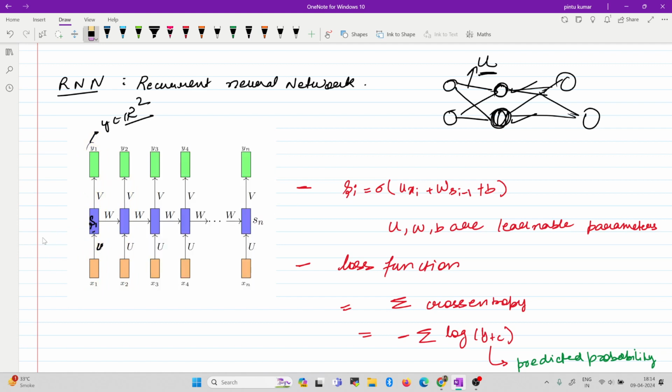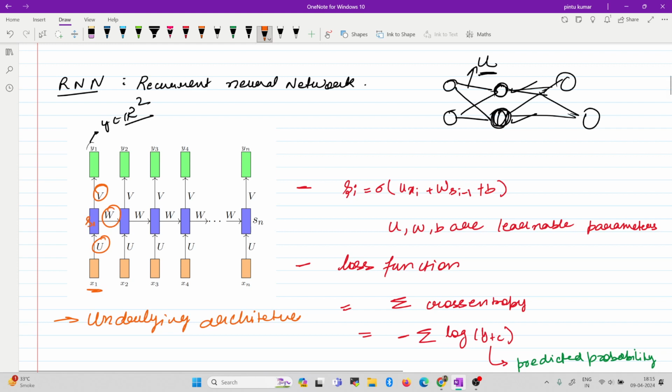One thing you should remember, and that is an important point, is that the underlying architecture remains the same. The weights that you have for U, W, V, everything remains the same, only your inputs vary. So the special trick in an RNN is, you pass the input on and obtain something known as S1.